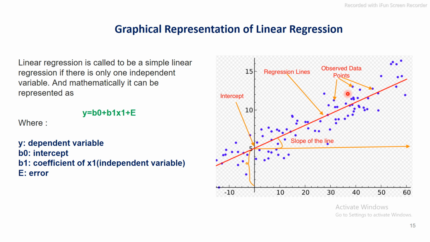The data falling on this line of best fit is not a residual, and the data points falling away from the line of best fit are the residuals. Just remember that. So this is simple linear regression, and the mathematical formula for calculating it is nothing but the equation of a straight line.